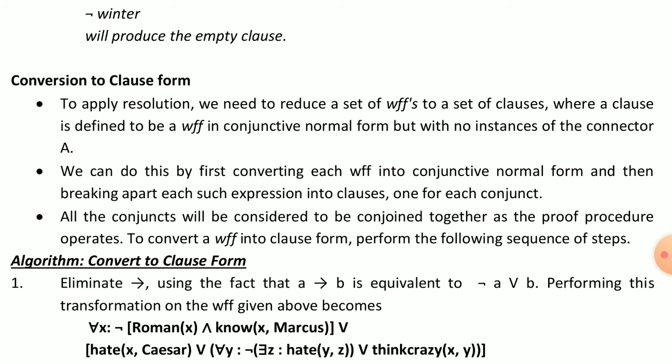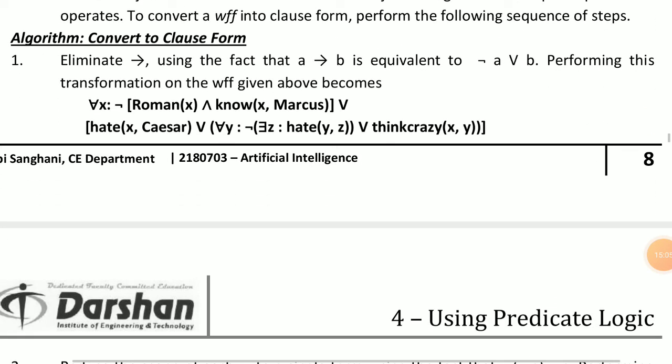In this topic, the algorithm is given to convert to clause form. In this algorithm, nine different steps are given. So today I will explain all steps 1 to 9 in detail.